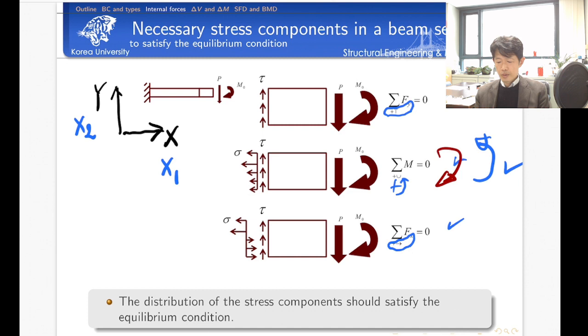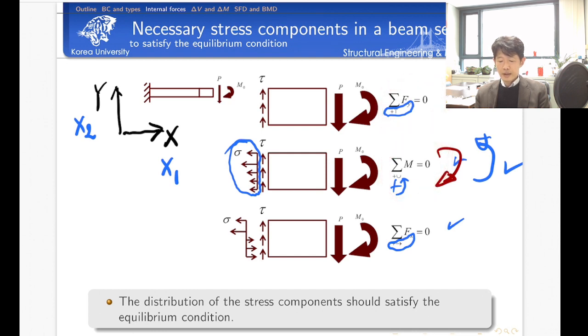So how do we produce this moment? To produce this moment, we need to have some kind of stress distribution in this normal direction. Okay, that's why we can understand that yes, there must be a certain distribution of normal stress field to satisfy both the force equilibrium in the vertical direction and the equilibrium regarding the moment.